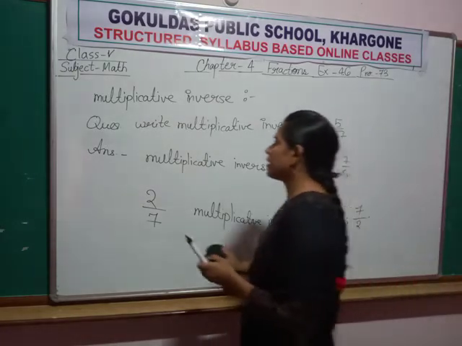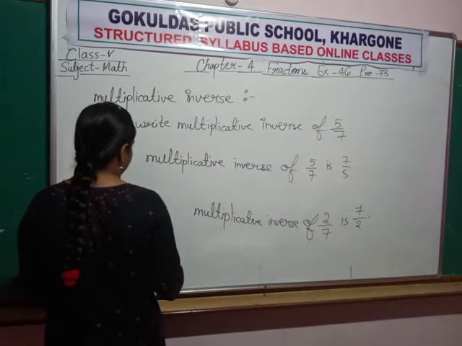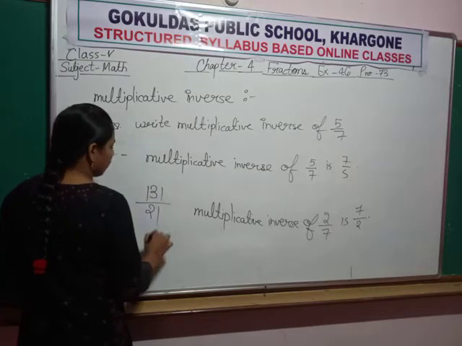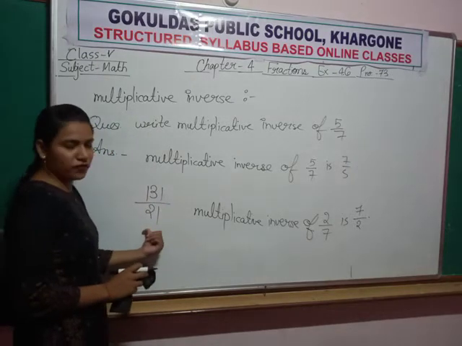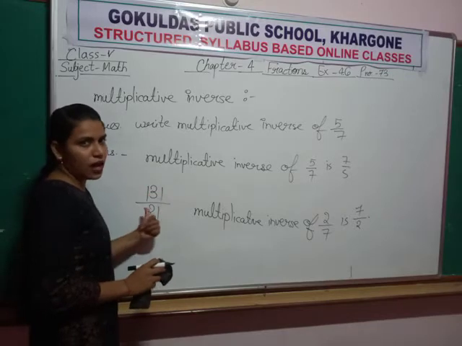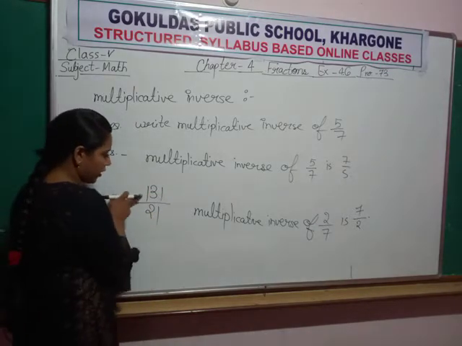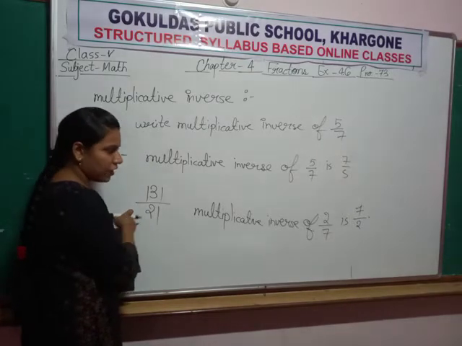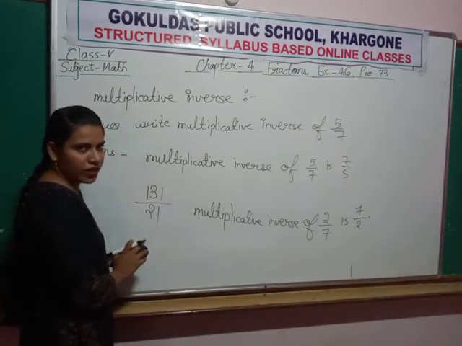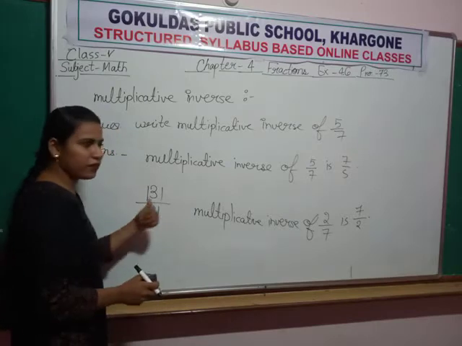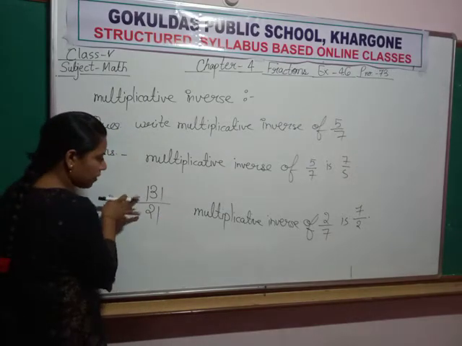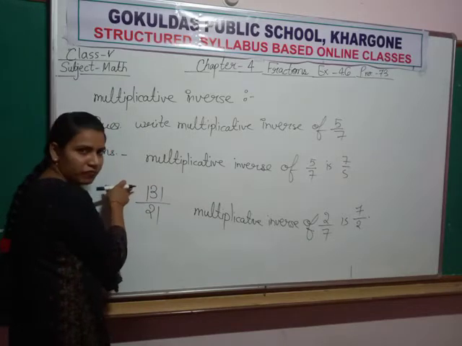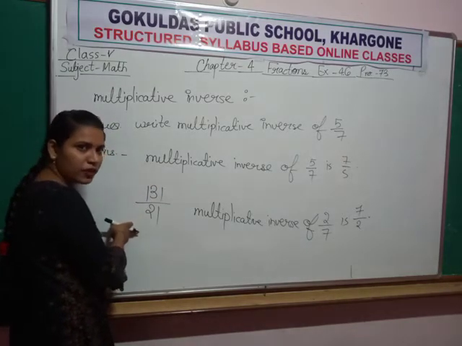Suppose you want to write the multiplicative inverse of 131/21. Here 131 is your numerator and 21 is your denominator. What will be its multiplicative inverse? Both numbers will exchange their places. 21 will come in the numerator place and 131 will come in the denominator place.